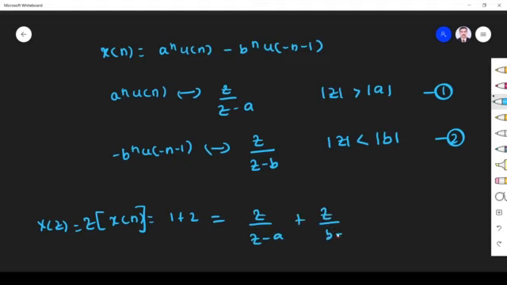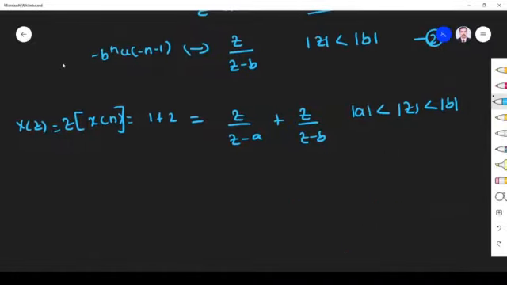The ROC is mod z must be greater than a and mod z must be less than b. This is the collective ROC.